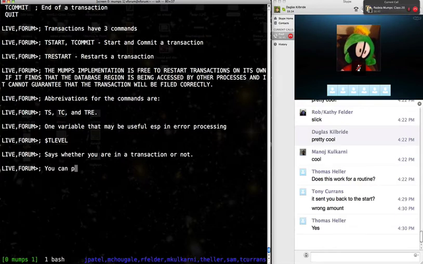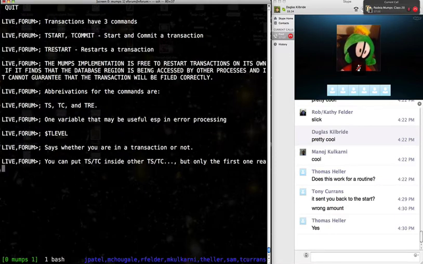You can put TSTART, TCOMMIT inside other TSTART, TCOMMITs. So you could have sub-transactions inside of the main transaction, but only the first one really counts to MUMPS.